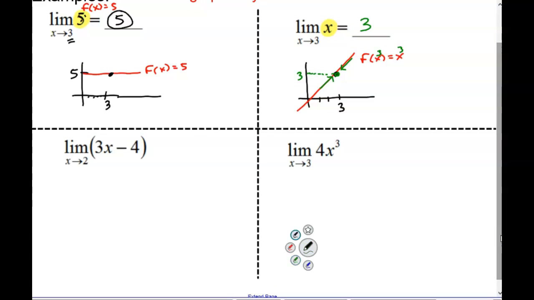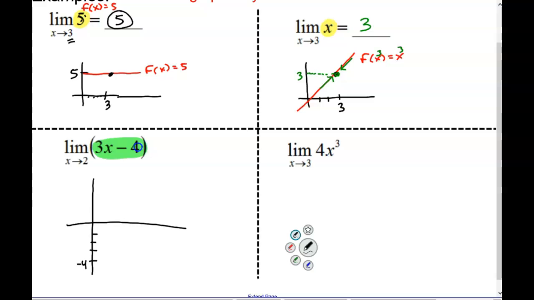Now eventually you're going to start seeing where I'm headed with this. But let's look at this graph. The function itself is a linear equation, 3x minus 4. Now let's draw a fairly accurate graph here. If I have 3x minus 4, we know we have a y-intercept of negative 4, and my slope is 3.